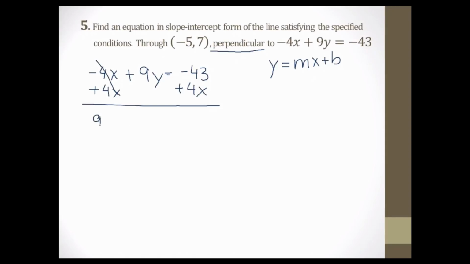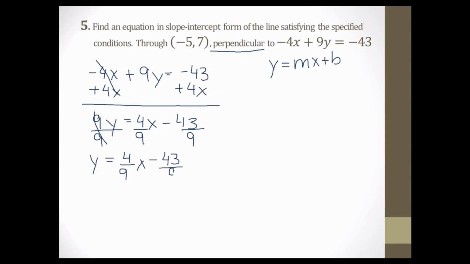This leaves us with 9y is equal to, and I'm going to write the x term first, so it's in this form, 4x minus 43, and then dividing each term by 9, I got y equals 4 over 9x minus 43 over 9. I cannot simplify this fraction, so that's fine.